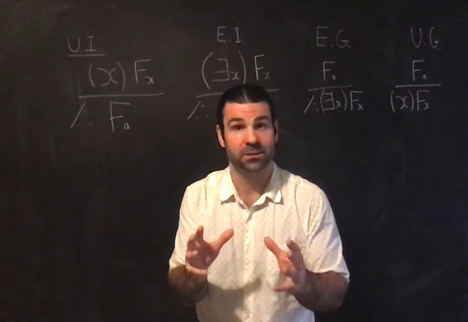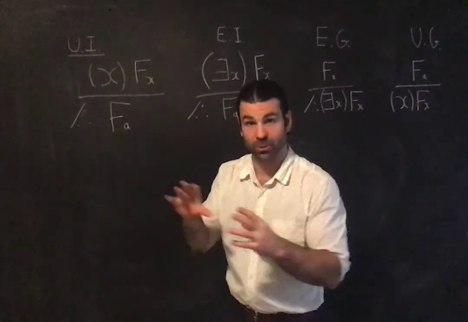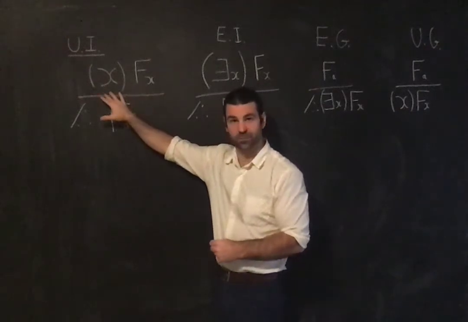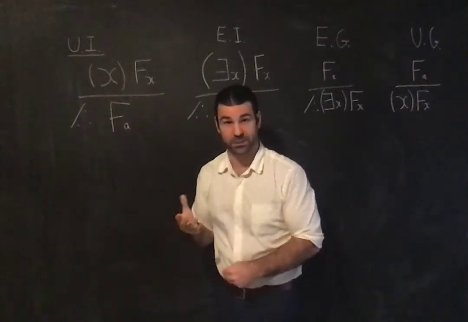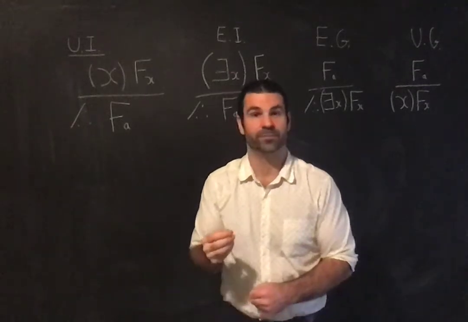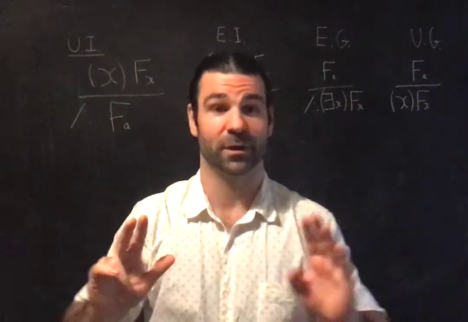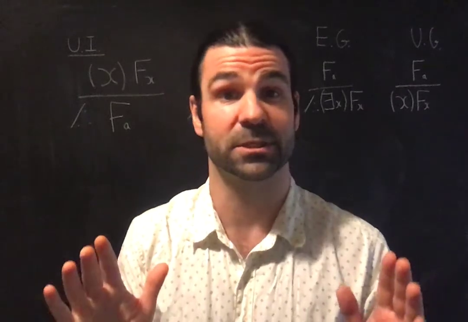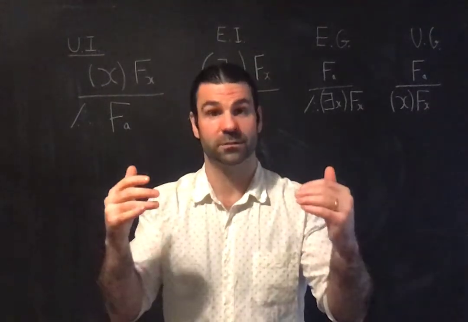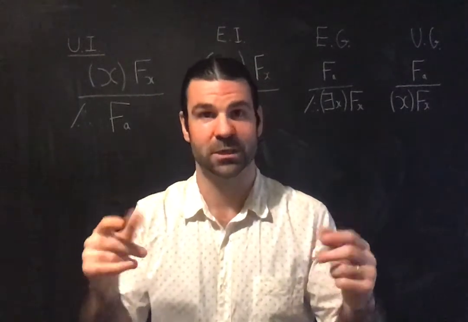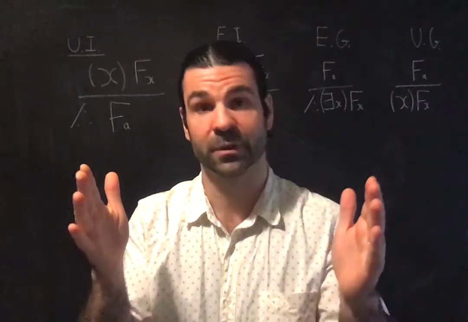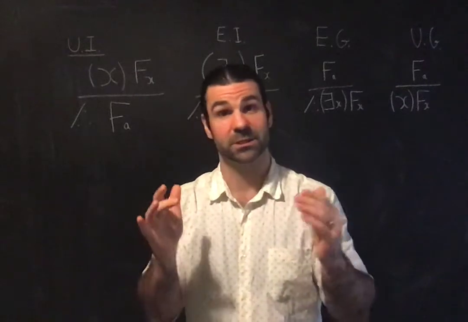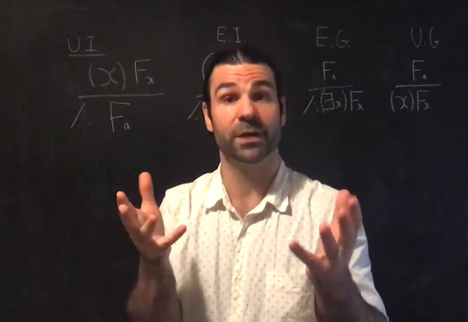What is an instance? So what is a universal statement? Let me back up. What is a quantified statement? A quantified statement is a statement that says of how many things the propositional function is true. A universal statement says that the propositional function is true of everything.